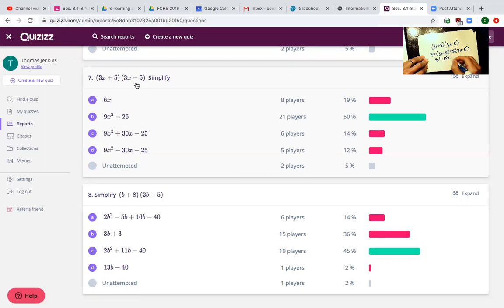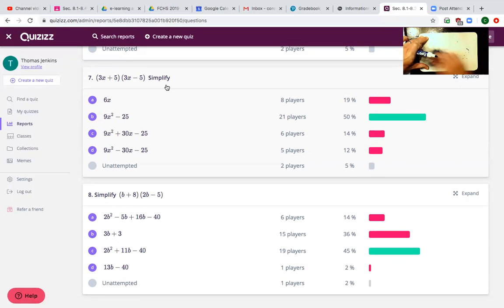Distribute the 5, we get plus 15x minus 25. When I combine like terms, negative 15 plus 15 is 0. So what are we left with? 9x squared minus 25. This is actually, like I said, a special type of binomial product called a difference of squares, but more on that later.